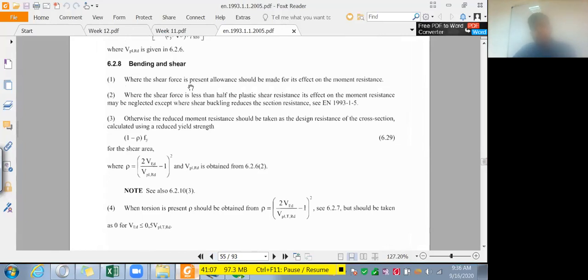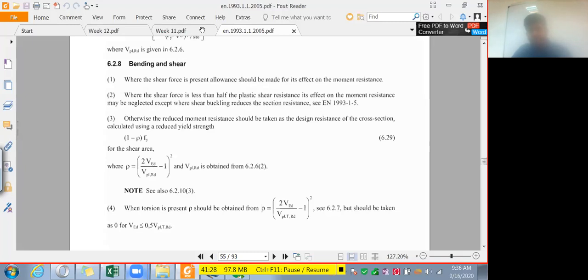Where the shear force is present, allowance should be made for its effect on the moment resistance. So if you have both shear force and bending moment acting together, you should make allowance for the shear force.